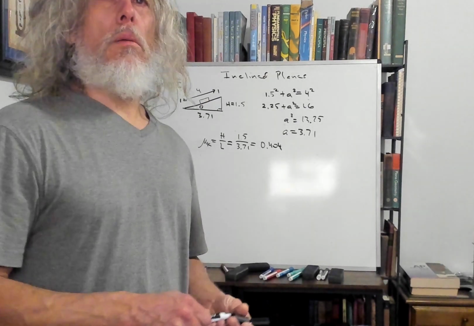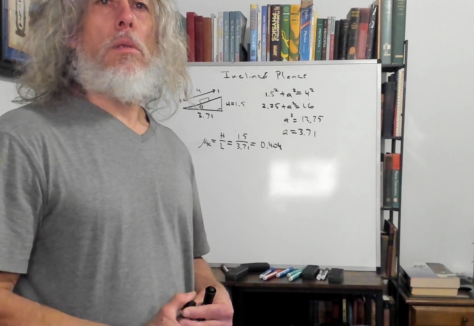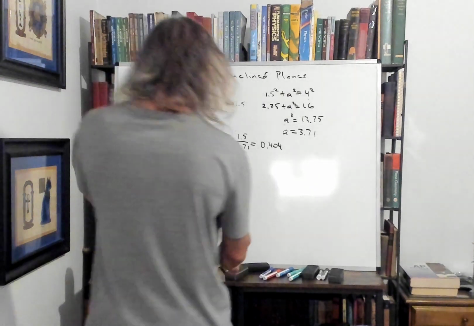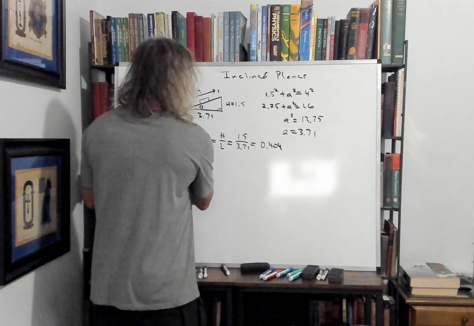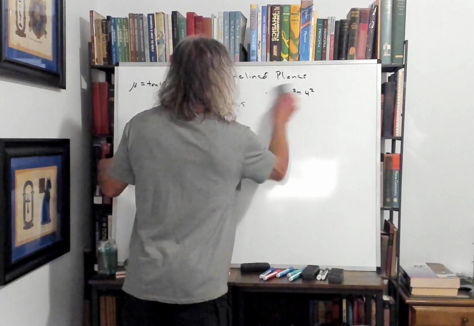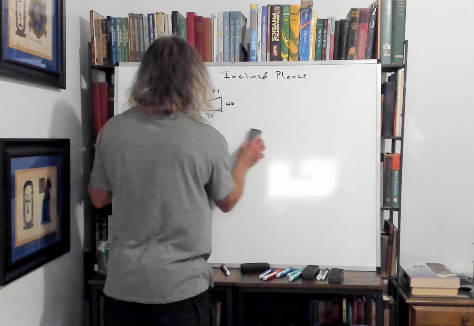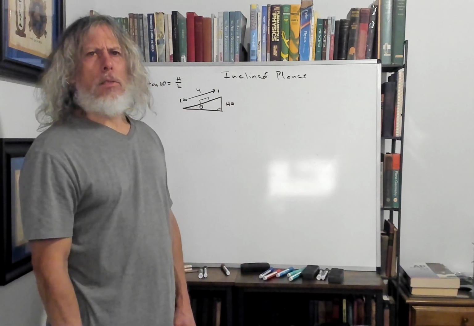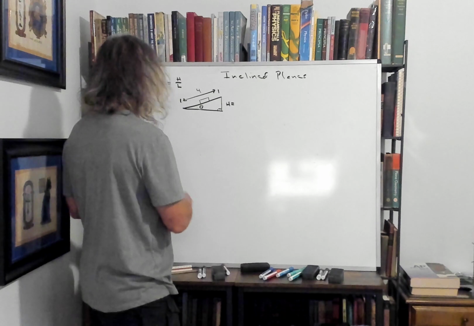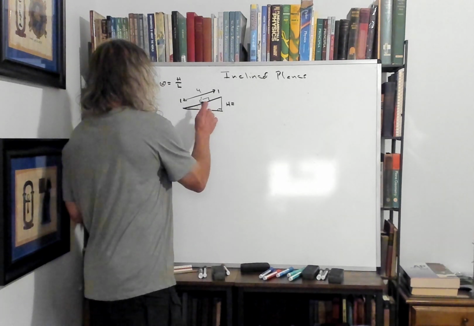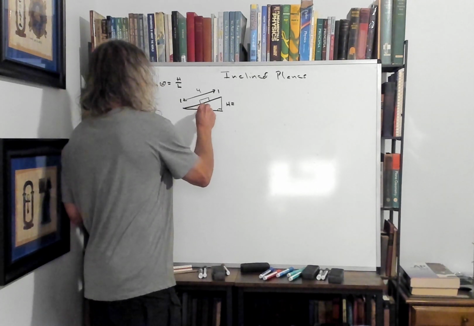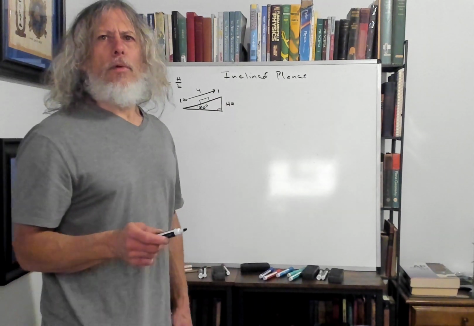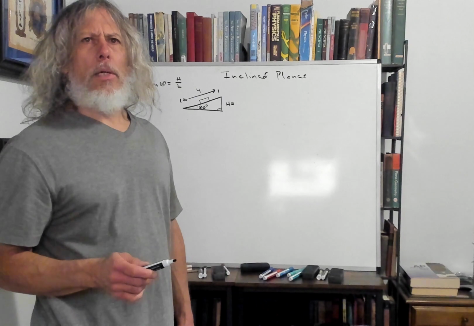Okay. Number 7. We have an inclined plane at an angle of elevation of 20 degrees. A carton weighing 150 is to be moved up the plane.